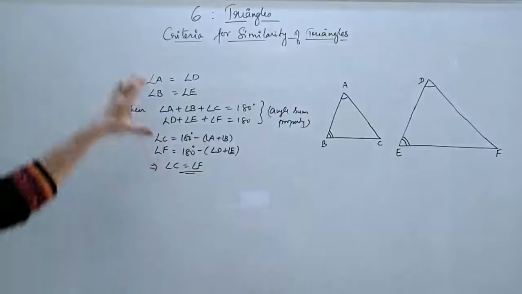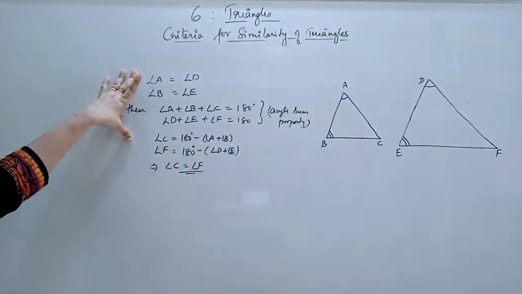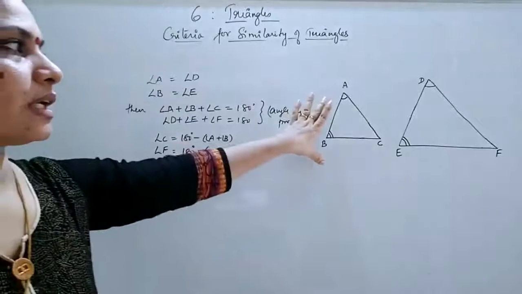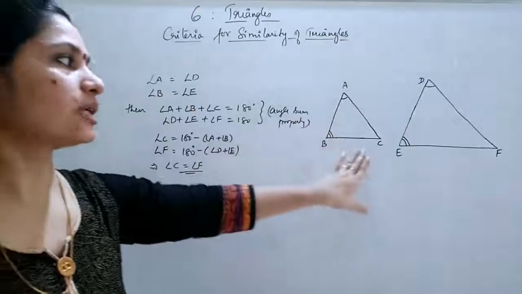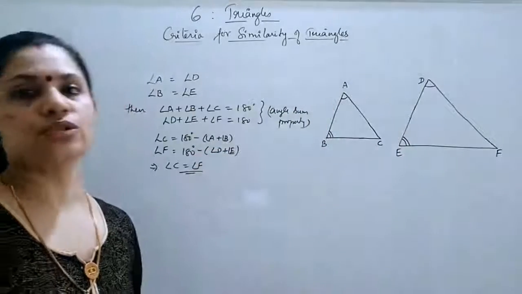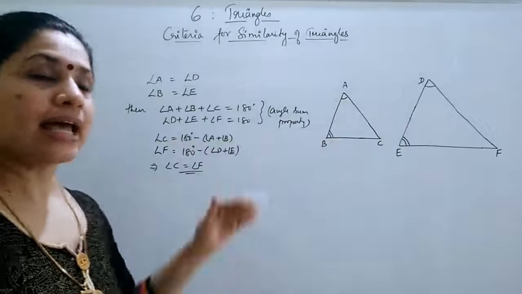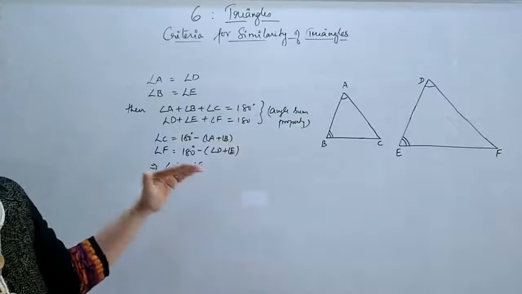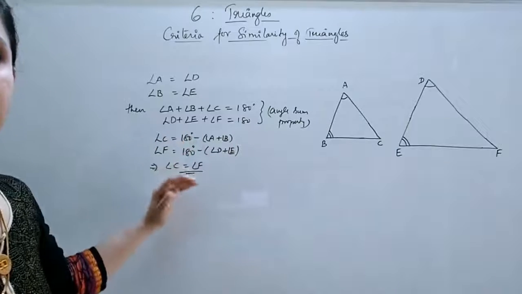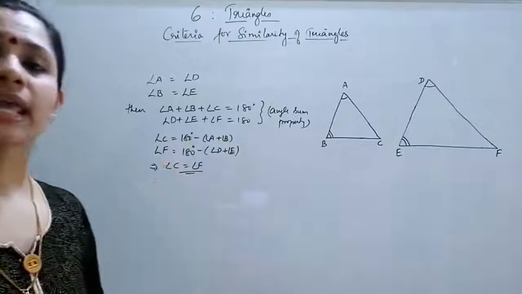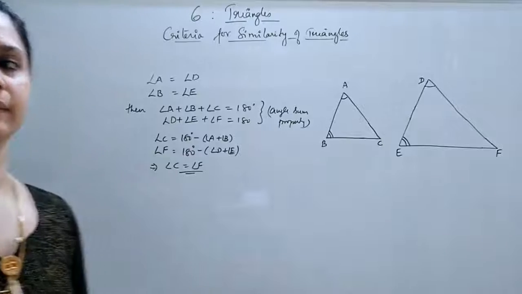So the purpose of discussing this is, even if you have two corresponding angles to be equal in the two given triangles, you can say that the two triangles will be similar. You need not go for the third one, and that has given rise to yet another criterion for similarity, which is known as AA similarity.